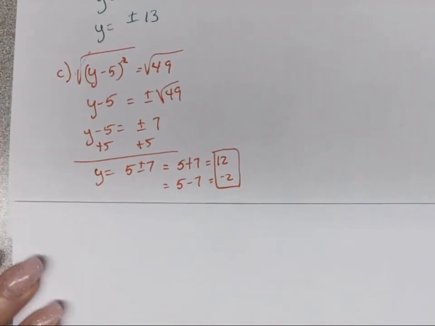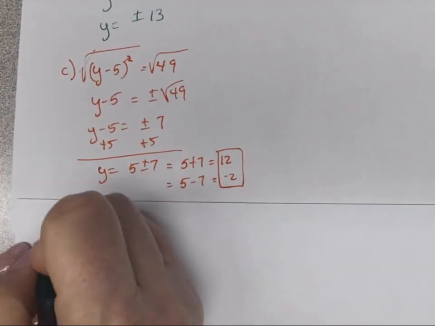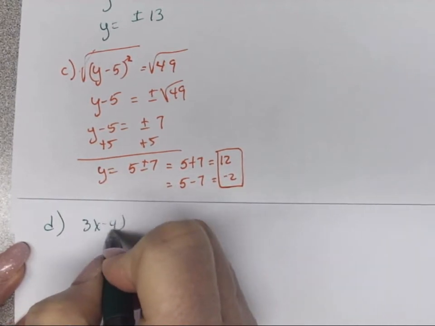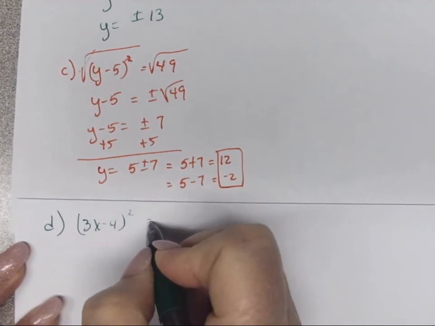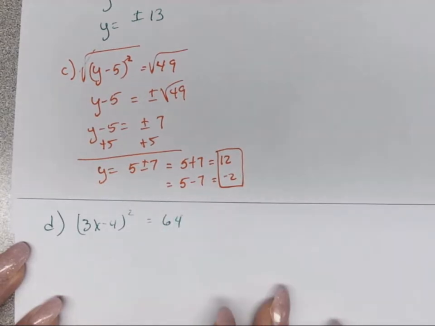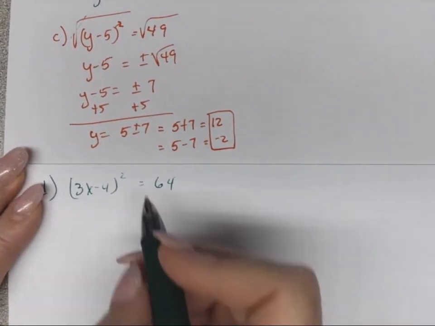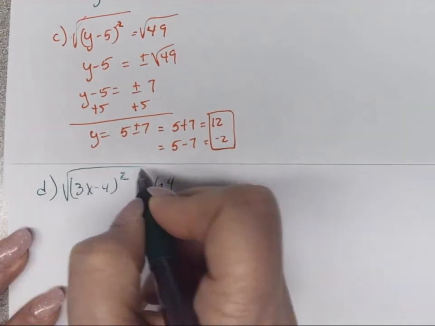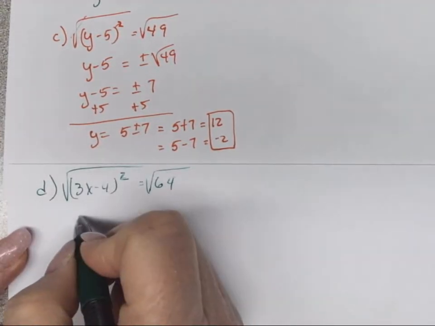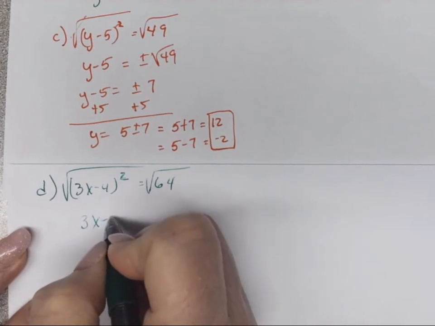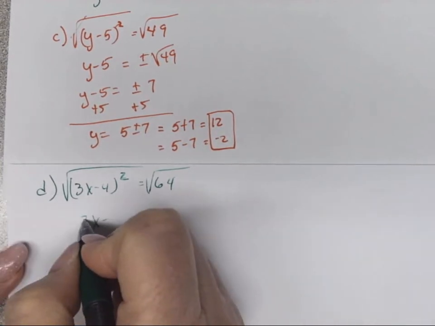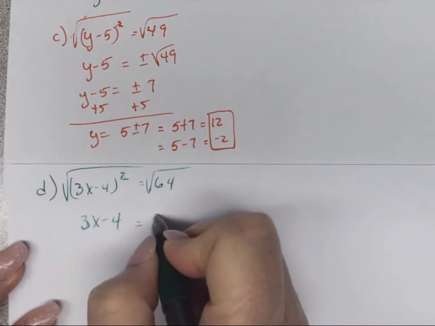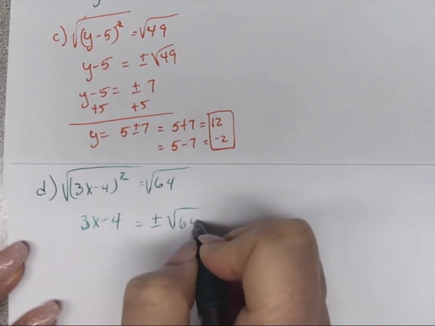All right, our next one would be 3x minus 4 squared is equal to 64. So again, we can take the square root of both sides, and we end up with 3x minus 4 is equal to plus or minus the square root of 64.